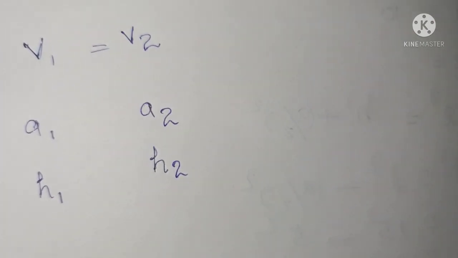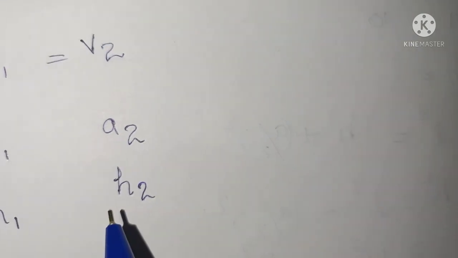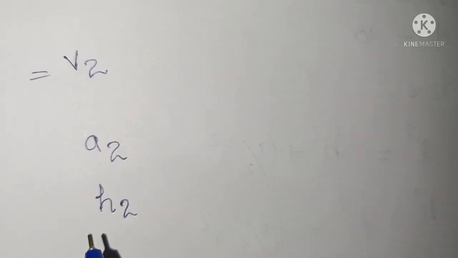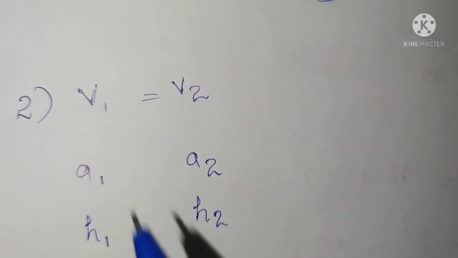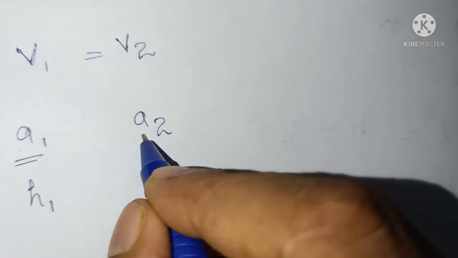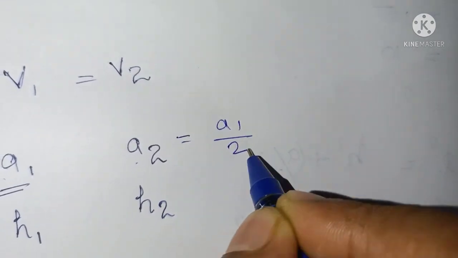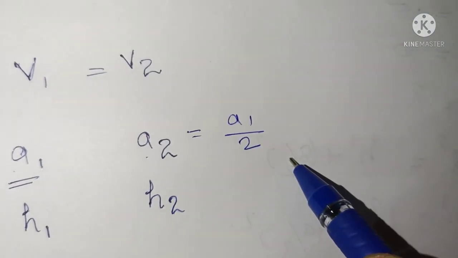What is the relation between them? The base edge of one is half that of the other. If A1 is the base edge of the first one, then A2 is A1 by 2.